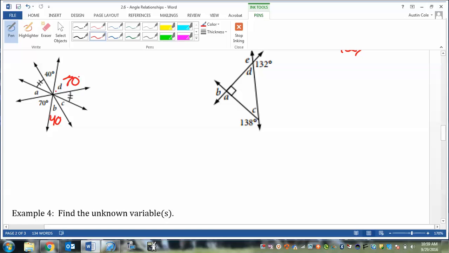Who else has the next step? Casey, what do you think about A and C?